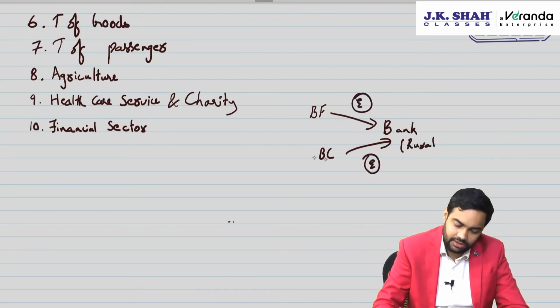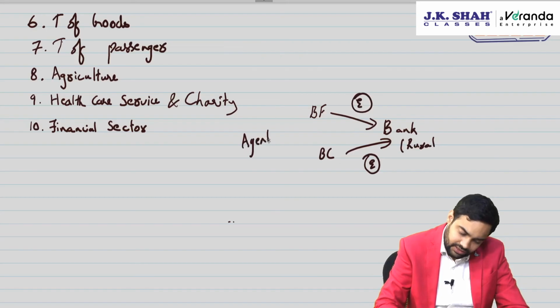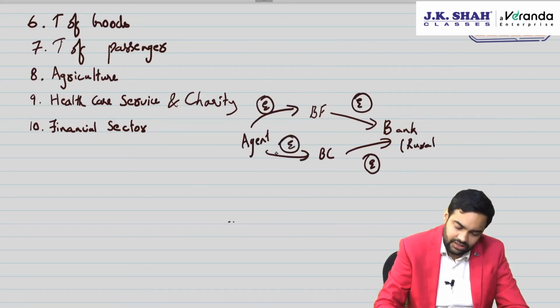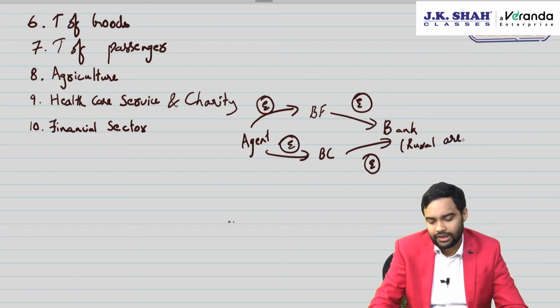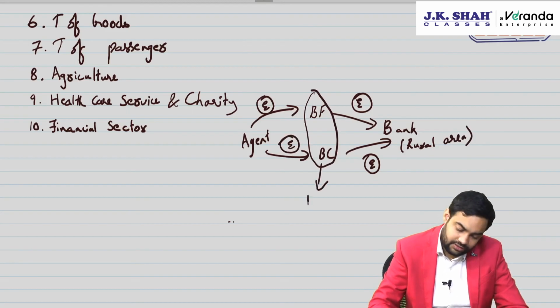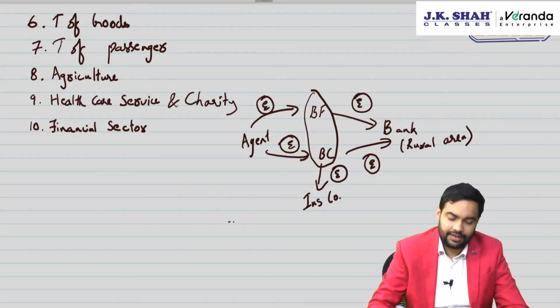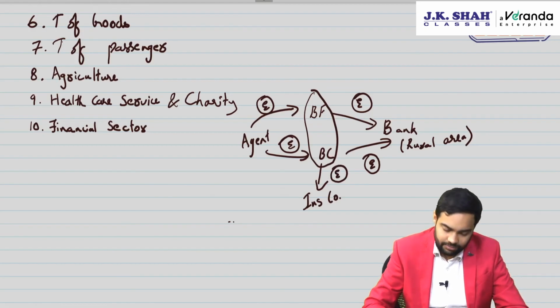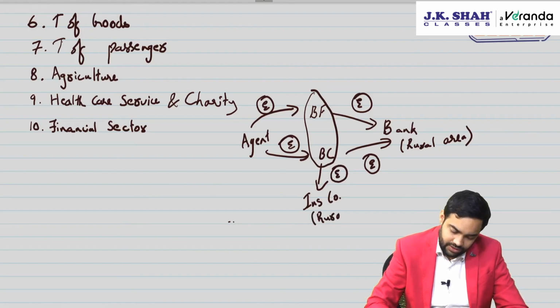In fact, if they appoint sub-agents, then these two are also exempt. Commission is exempt if it is for a rural area branch. If they provide services to insurance company, then that service also enjoys an exemption. So a very wide exemption, but it should always be in rural area.